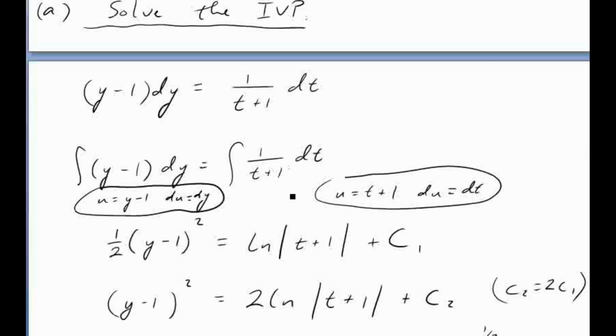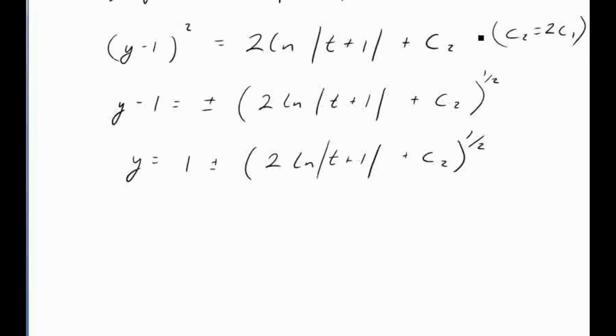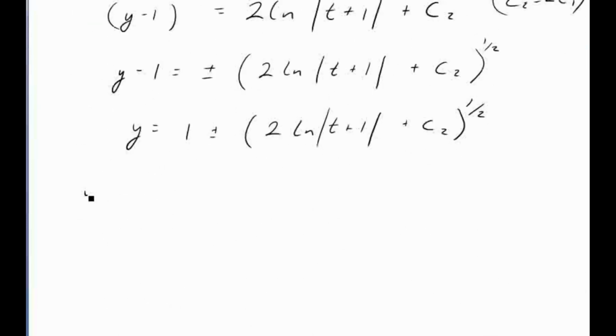And now to figure out the rest of it, we just need to take into account the initial condition y of 0 equals -1. That'll help us find the c. It'll also help us decide between the plus and the minus.